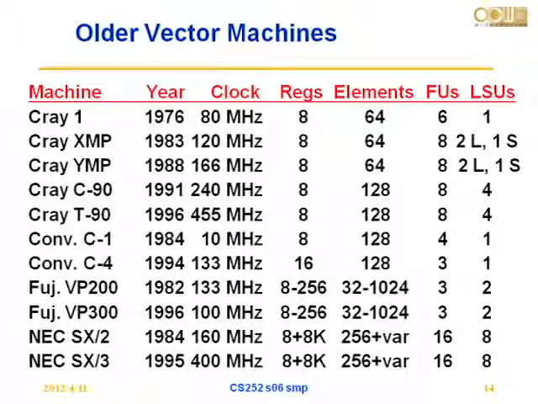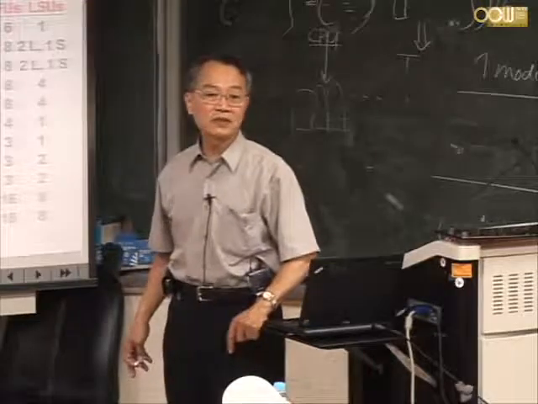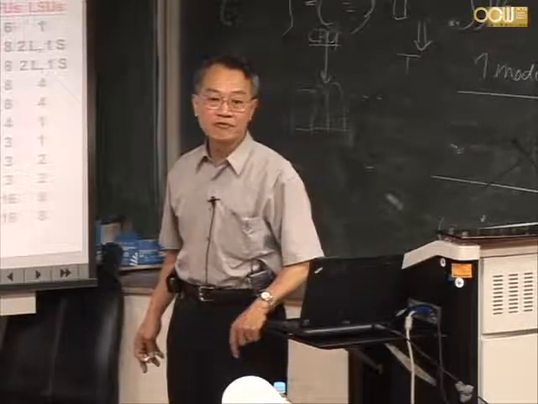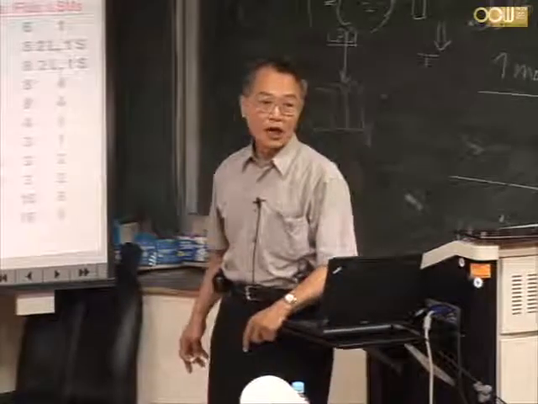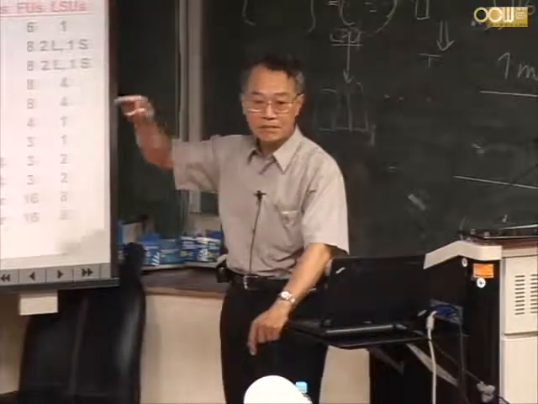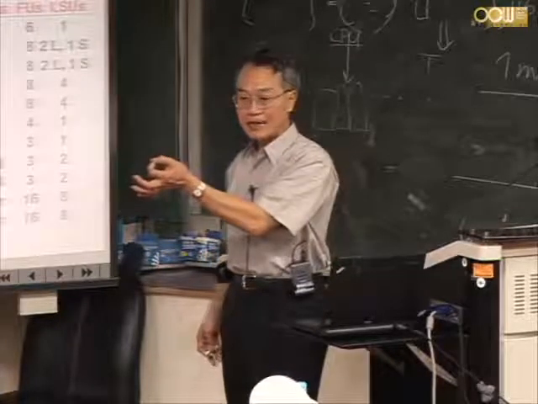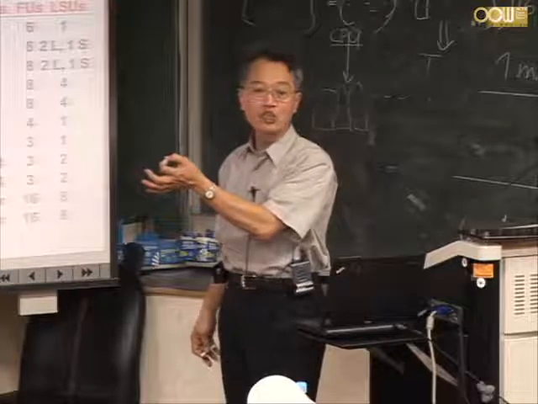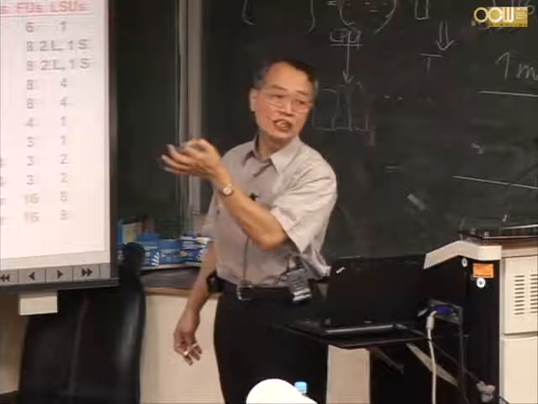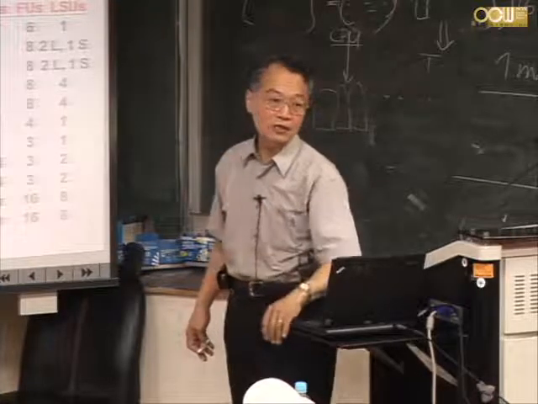Older vector machines to newer vector machines, from 76 to 95. And right now, vector machines are not really dying, but the world's top 500 supercomputers are mostly rack type, blade type computers using standard commodity off-the-shelf Intel CPUs or AMD CPUs.